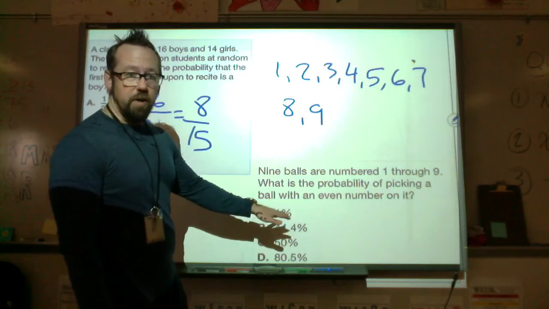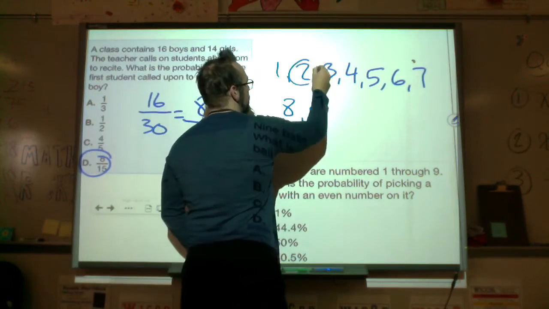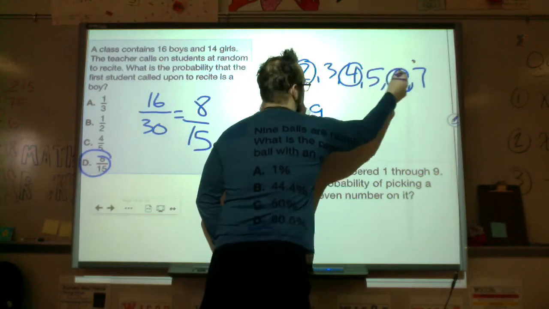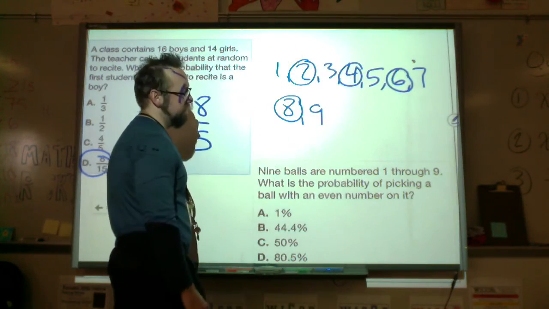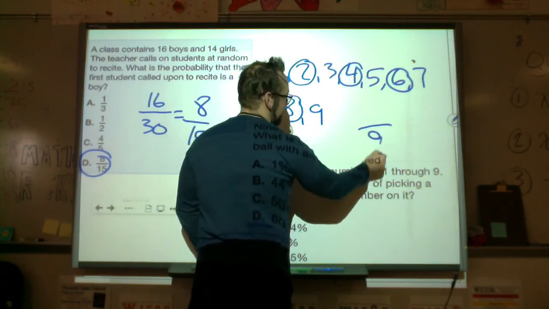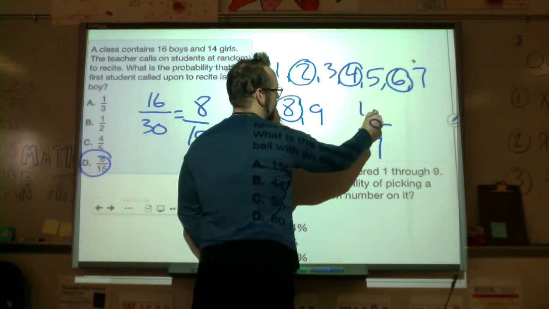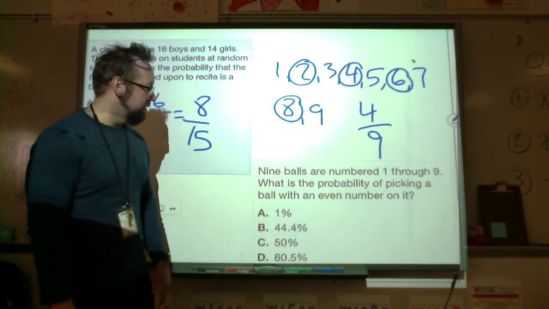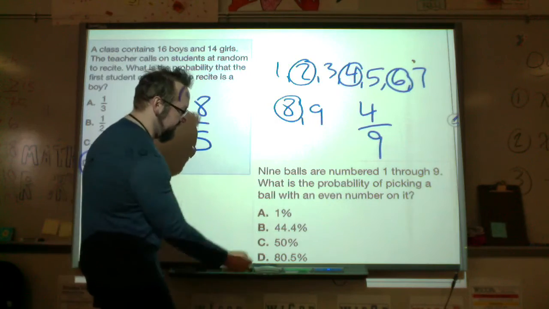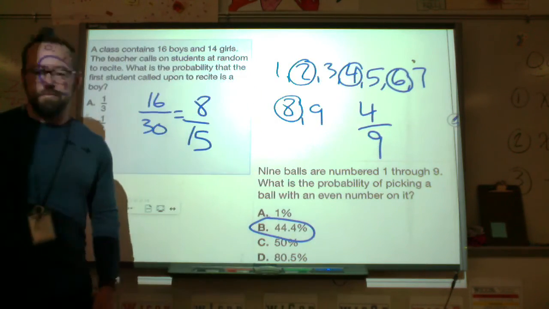Probability of getting an even one? Well, we have 2, 4, 6, 8, right? There's 9 possibilities, and there are 4 that are even, and then they're looking for a percent. It'll come out to be B.